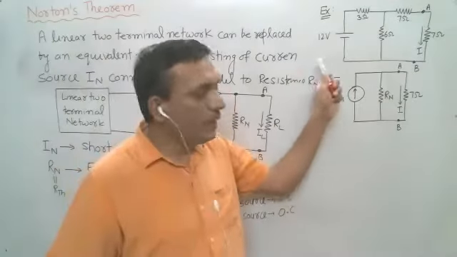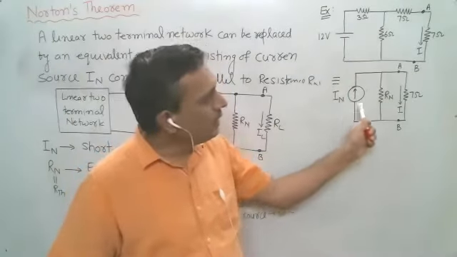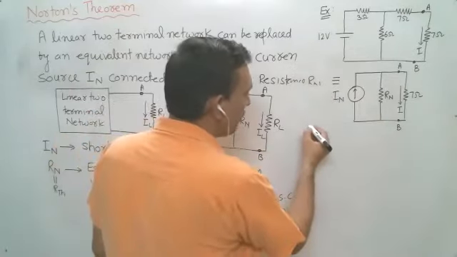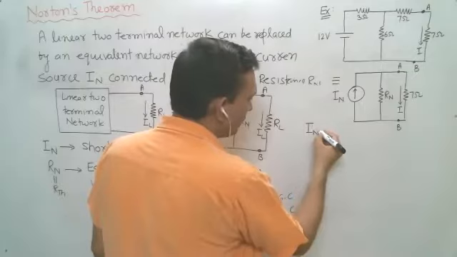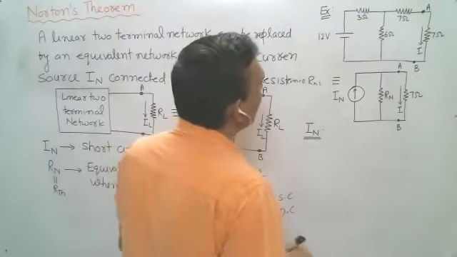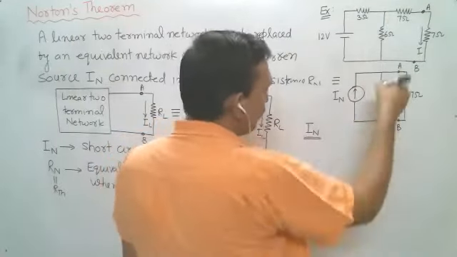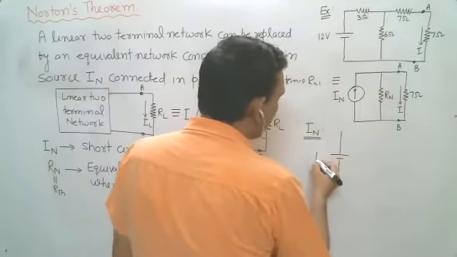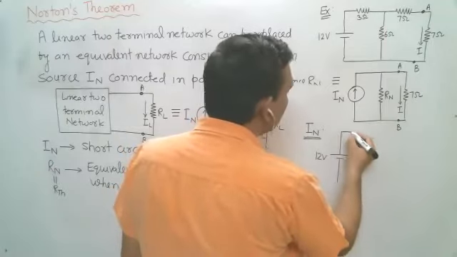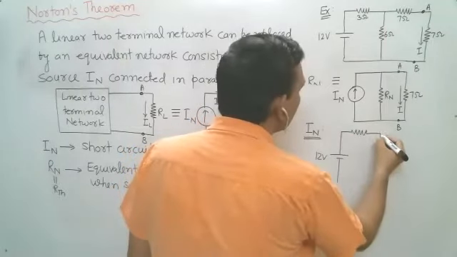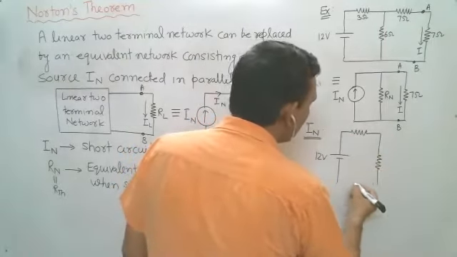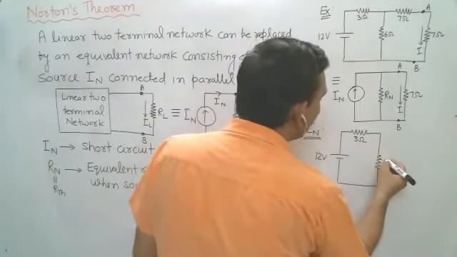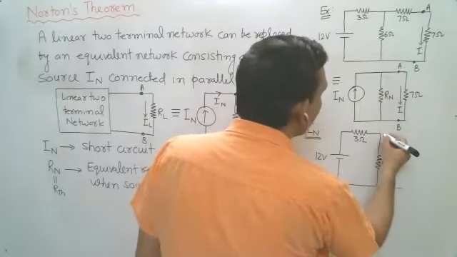And then you have to define IN. So IN is short circuit current. So let us draw the equivalent for IN. In this case, you have to short the load resistance. This is 12 volt, 3 ohm, 6 ohm.